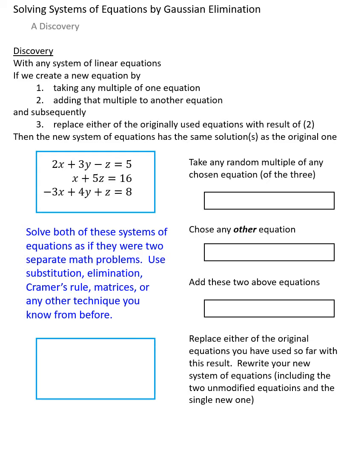Most likely you've used substitution or the addition-elimination method, which is different from Gaussian elimination that we're learning here, but you may have also learned about Cramer's rule or matrices using inverses. Who knows, but whatever techniques you have from your toolkit in the past, solve both of these as if they were separate, unrelated math problems. Hit pause and solve both systems.